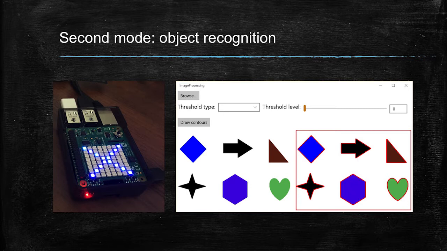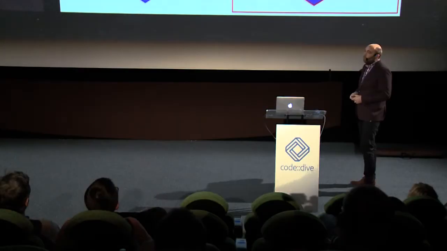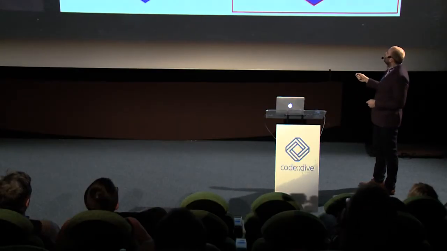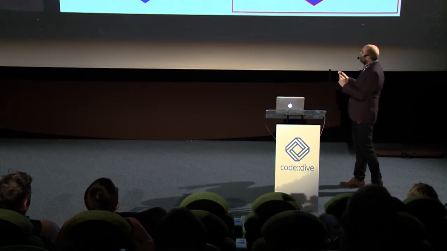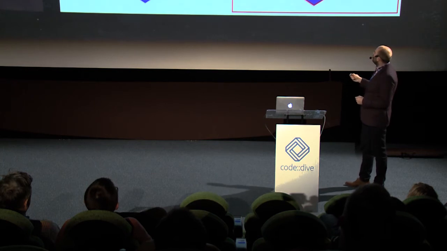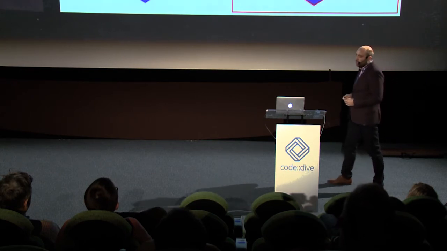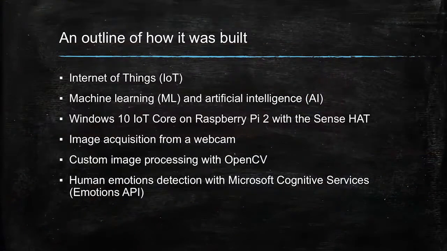Here I have drawn some simple shapes. And then after I run the processing, I detect all the shapes. And then to detect what the specific shape is, I can simply count the vertices in my contour.